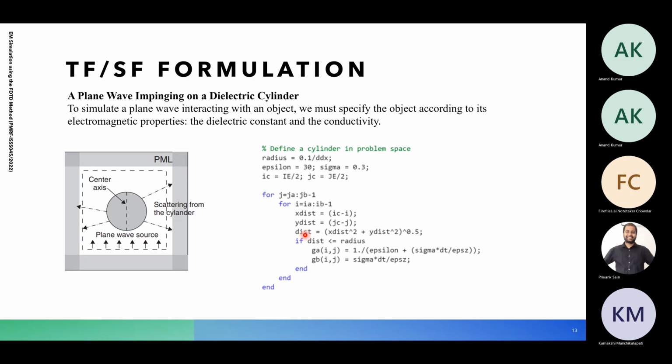We are calculating the distance using this formula radially, but for a cuboid you just need to assign the values inside the square, and that will be done. For more complex structures, you'll have to do it more carefully.